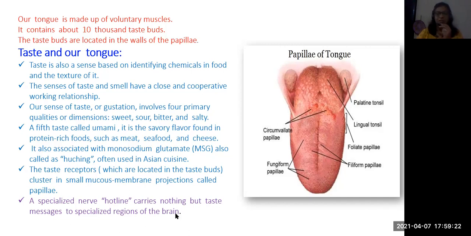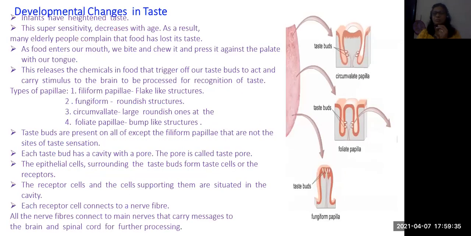Okay, it carries the taste activity to where? To the brain. That is called a hotline nerve, a special nerve, like olfactory nerve, auditory nerve, optic nerve. Here we are calling it the hotline because there is no proper particular nerve from the tongue.